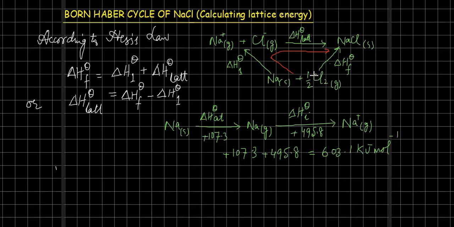Now chlorine: from chlorine in its natural state to chloride ion in gaseous state, right? Half a mole of chlorine in gaseous state first changes into atomic chlorine in gaseous state, and then atomic chlorine changes into chloride ion in gaseous state, right?